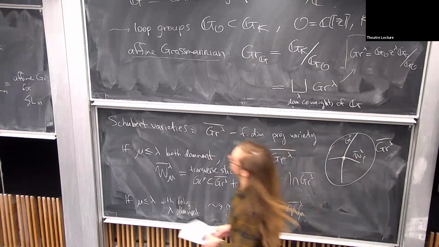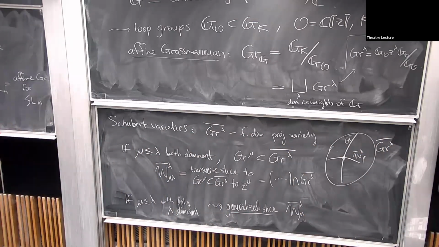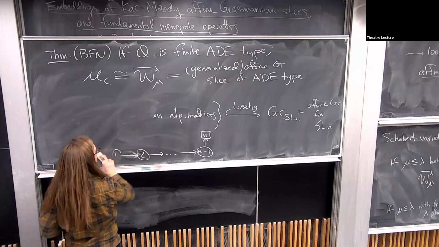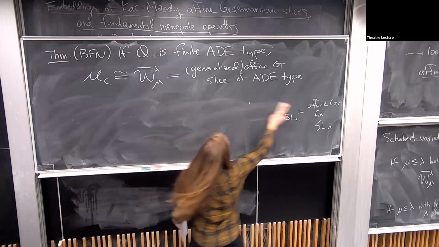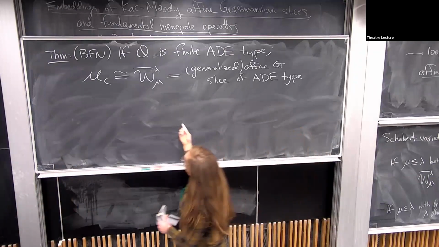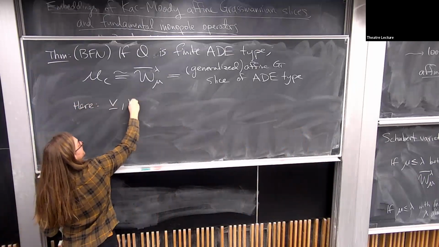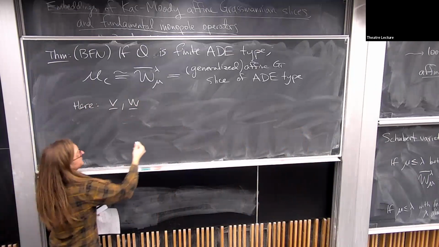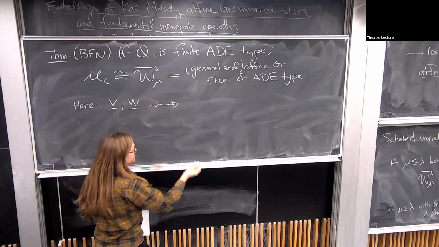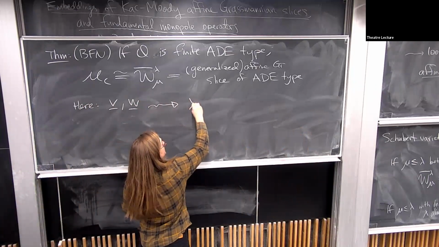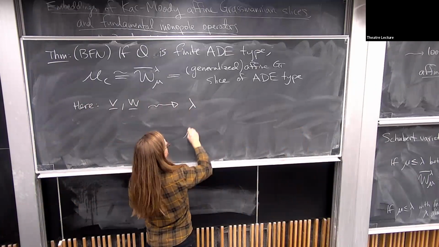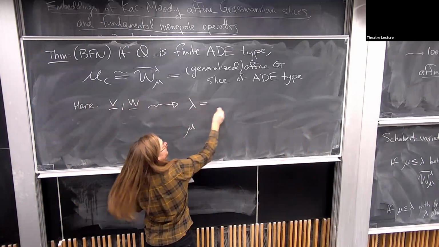So the final piece which I could write down here is, what are lambda and mu? Remember that here we had some dimension vectors v and w, and just as in Nakajima's work, we associate two co-weights in this case. Lambda is encoded by the framing.